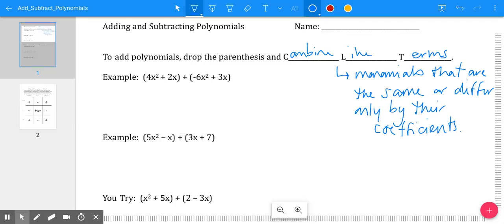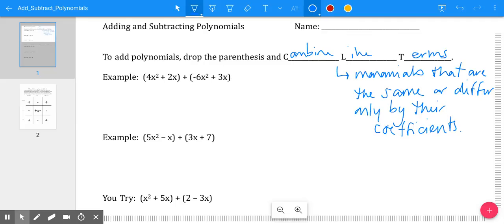So that means if we had something like 2x and 2x, they are the same monomial, so they would be like terms. But if we had 2x and maybe negative 2x or 2x and 3x, they're still like terms because they're both x terms, but the coefficient is different.